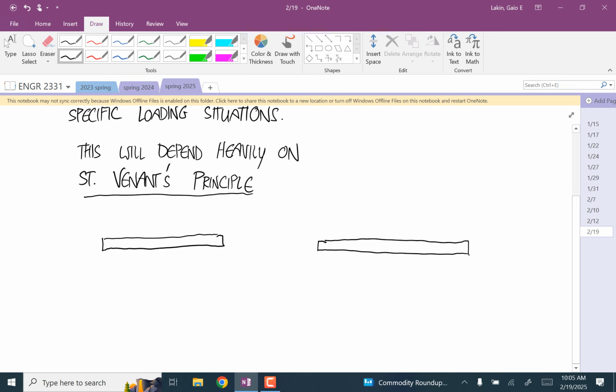The one on the left is loaded by point forces like this. And the one on the right is loaded by distributed loads that have the same total value F. So this also is F and F, okay?